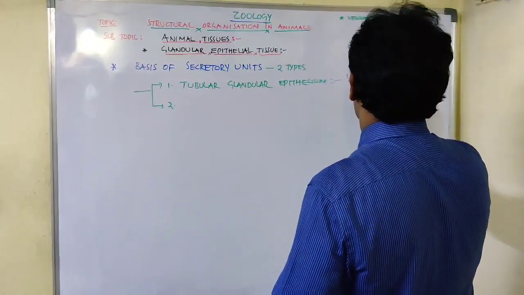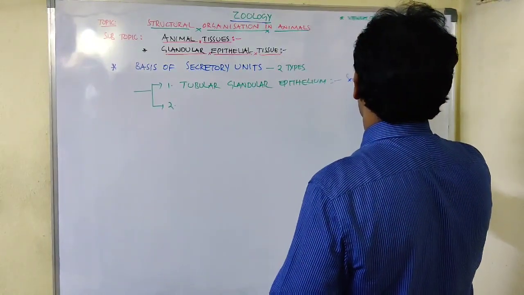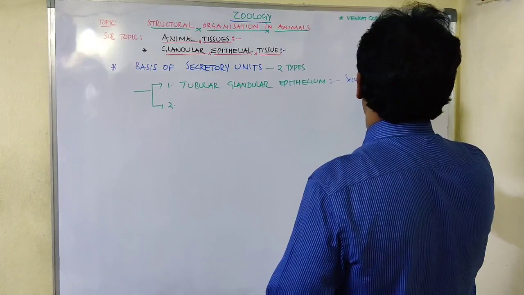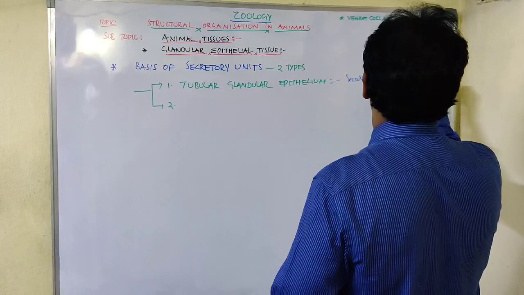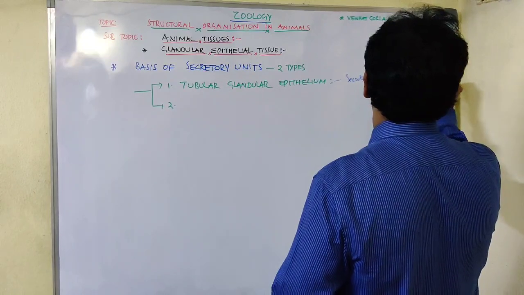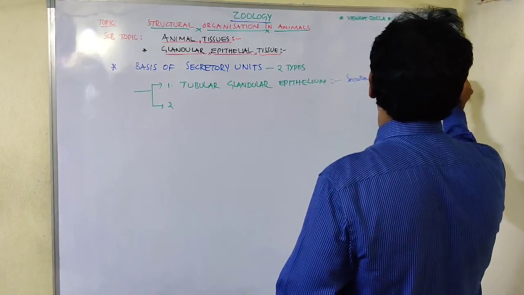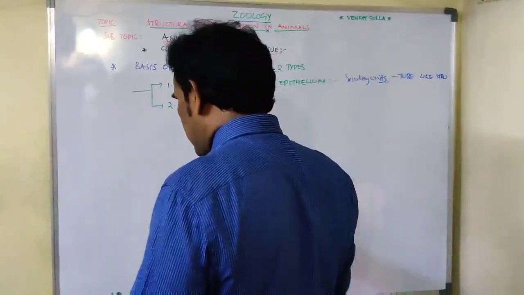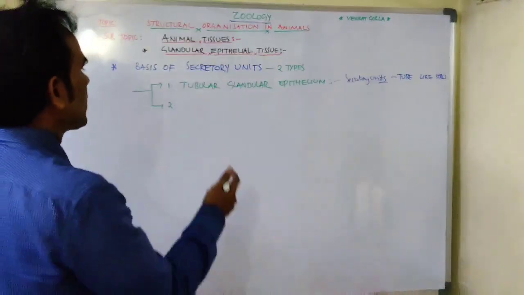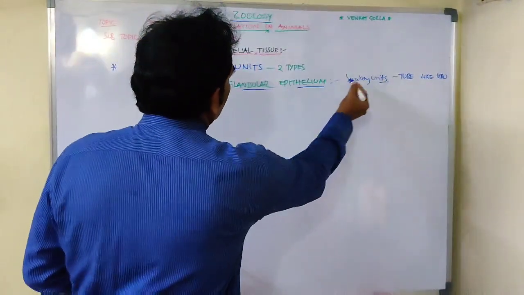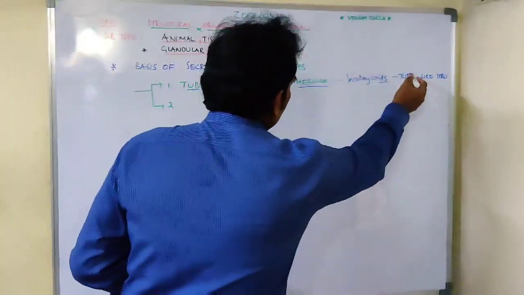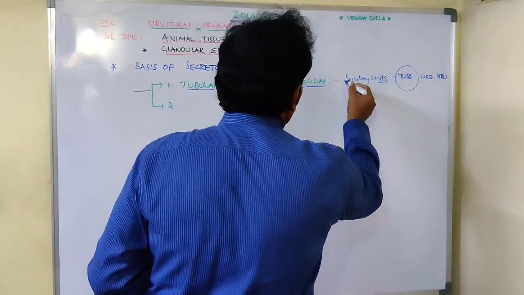So the secretory units are tube-shaped, tube-like structures. Therefore it is called tubular glandular epithelium. The secretory units of this tubular glandular epithelium are tube-like, so it is called tubular.